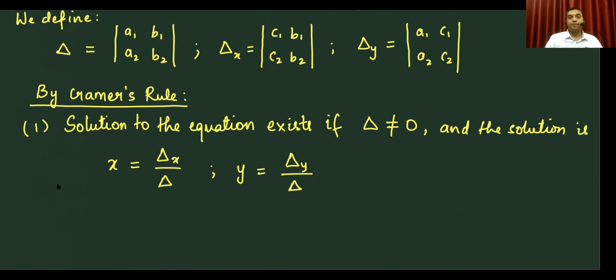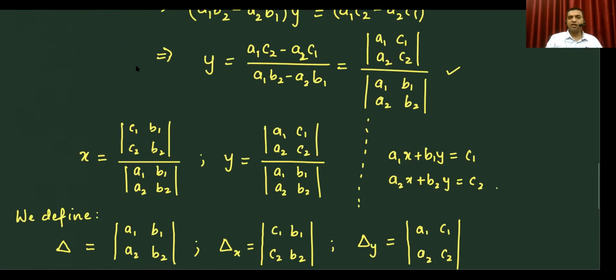Now, if delta is not equal to 0, when will the determinant be equal to 0? When the coefficients of the elements of the row are proportional. Going back to the concept of straight lines, these two represent straight lines. If coefficients of x and y are proportional, it represents parallel lines, right?